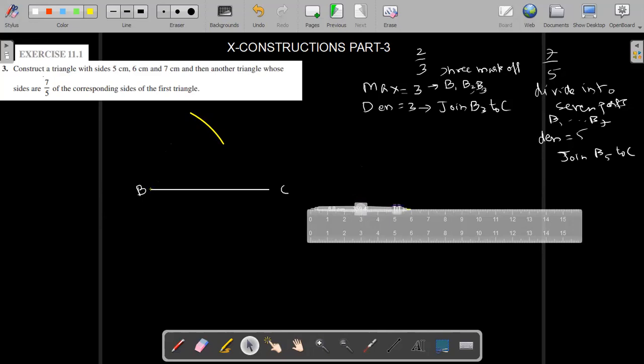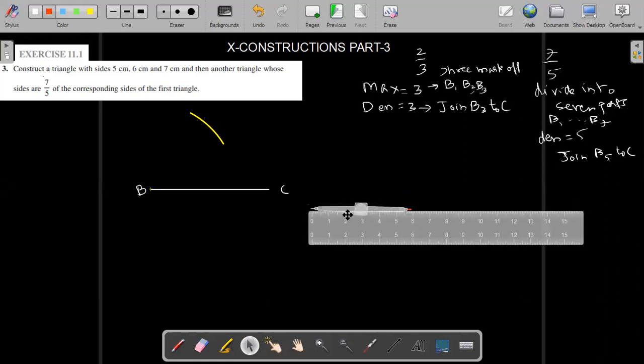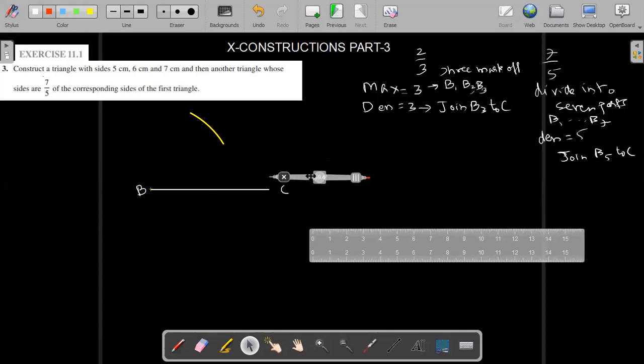From C, 6 centimeters, just like this arc. Okay, this is your given triangle.